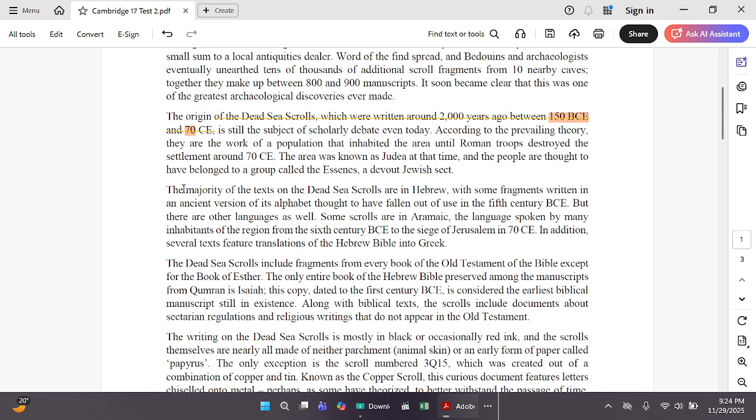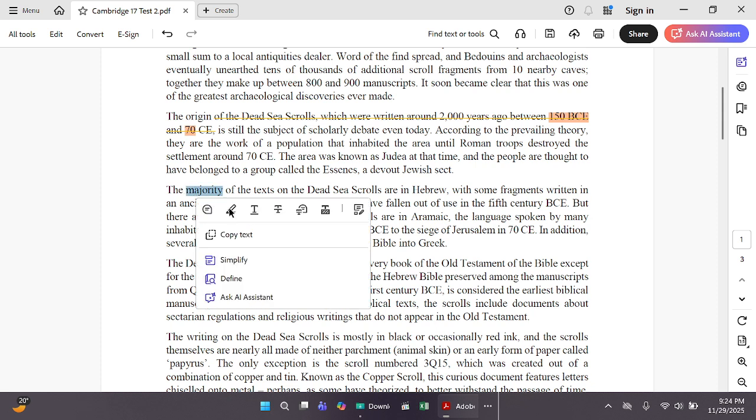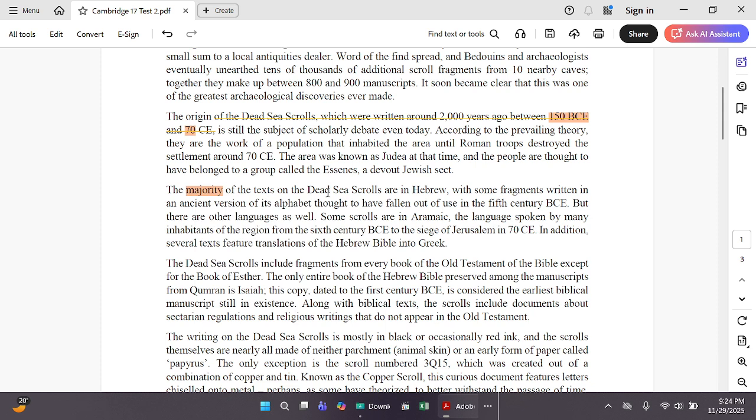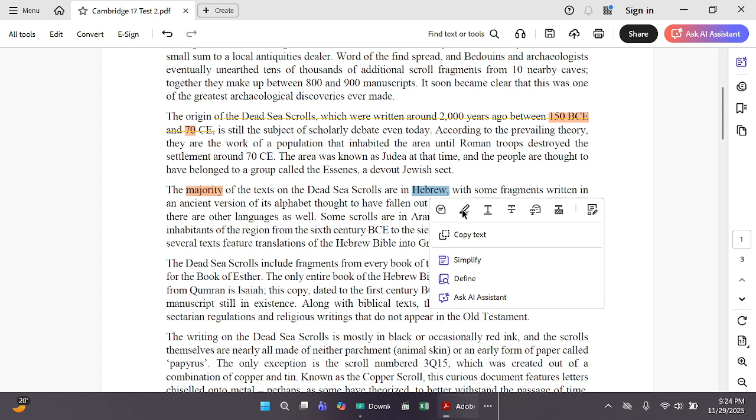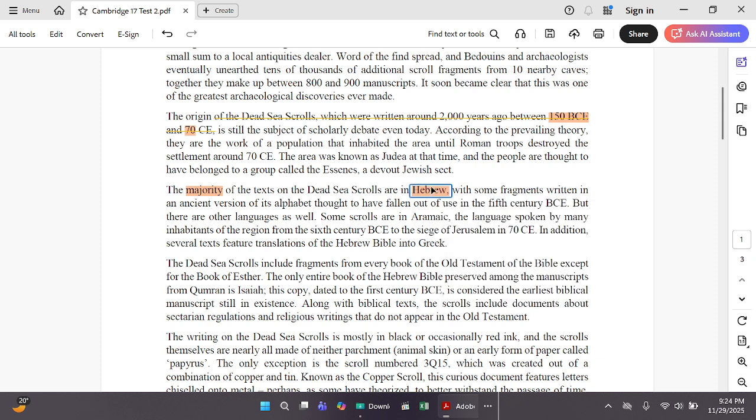Okay, majority. Look, the majority of the text on the Dead Sea Scrolls is in Hebrew. We just got our answer, but to make sure there isn't anything more suitable for this gap, we have to go through one or two more sentences.